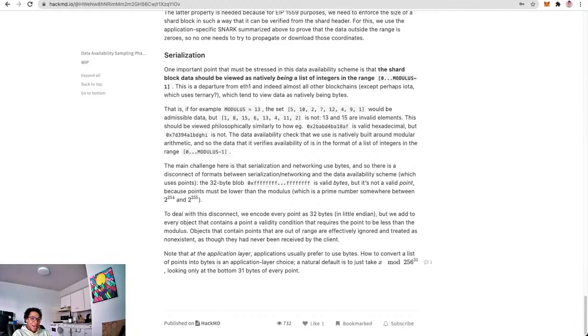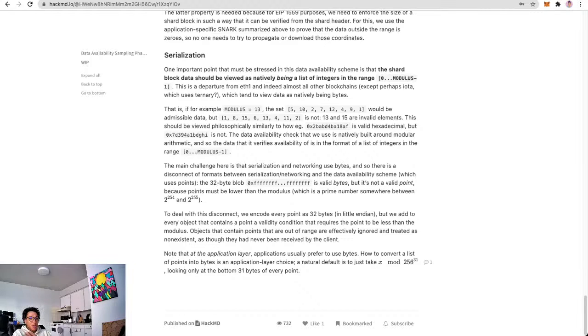Note that at the application layer, applications usually prefer to use bytes. How to convert a list of points into bytes is an application layer choice.